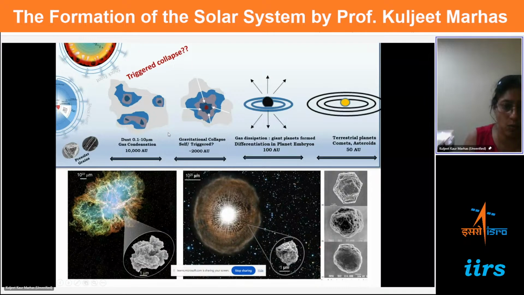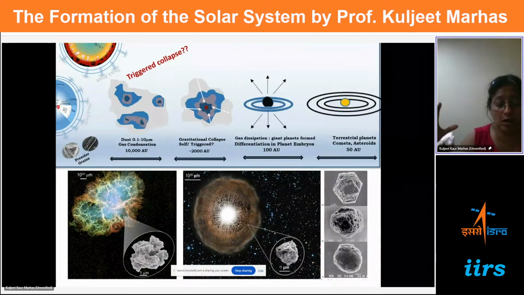Now, when you're making a model, you need to know the initial composition of the molecular cloud from which the solar system will form. So if you look back at the nebula model which I was talking about, there was a cloud, and there was a protostar and an orbit of planets that form eventually. But this molecular cloud is not really a single molecular cloud. It comes within a giant molecular cloud.